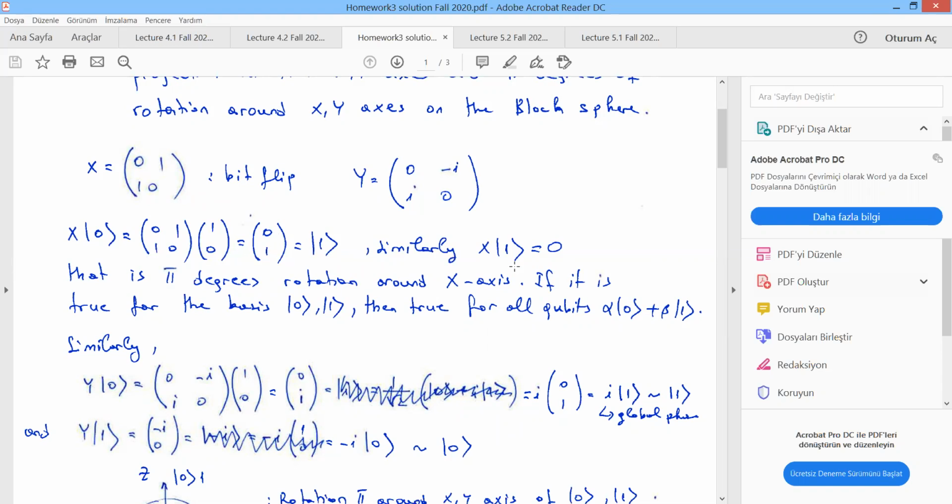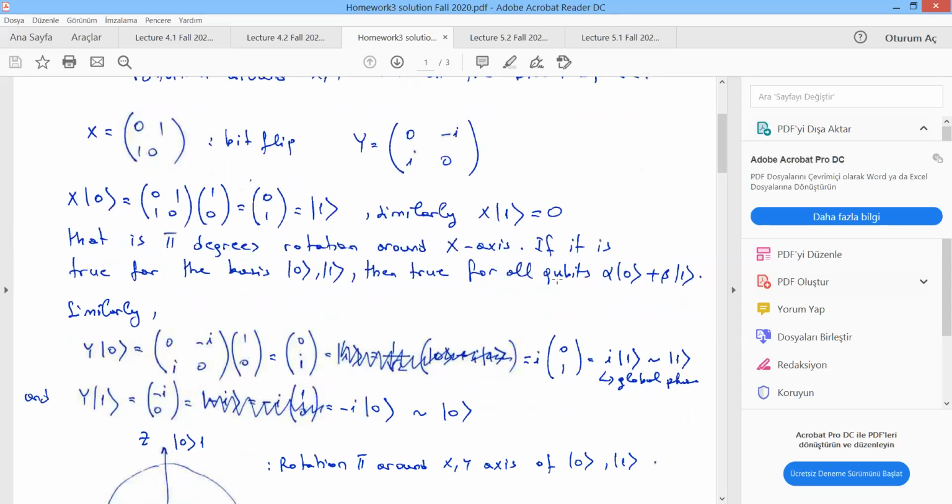Similarly, if you apply X on ket 1, you would obtain ket 0. So this is a 180 degrees or pi radians rotation around the x-axis on the Bloch sphere. 0 is transformed to 1 and 1 is transformed to 0. So if it is true for the basis, then it would be true for all qubits, right?